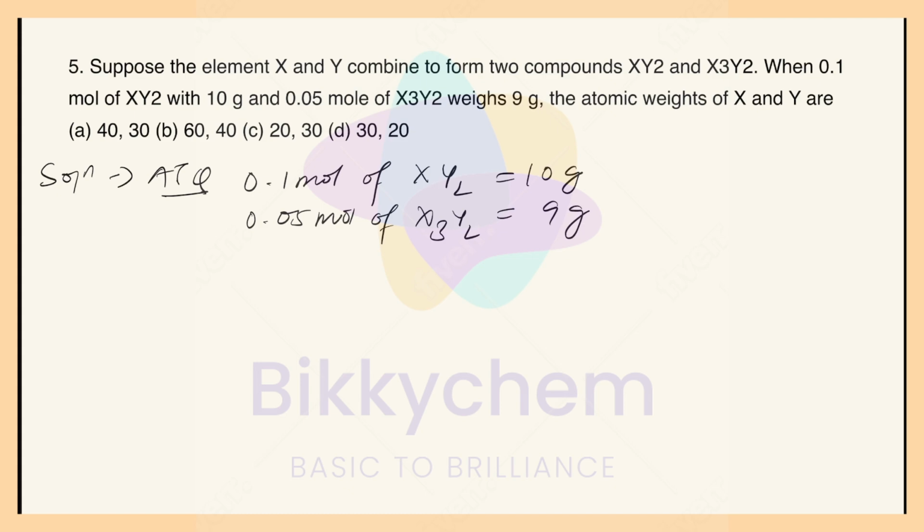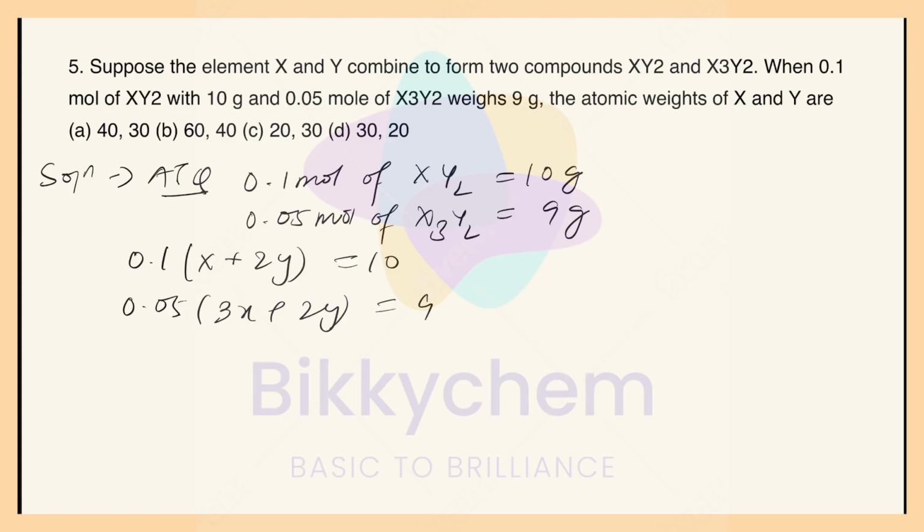So which means 0.1 times (X plus 2Y) equals 10 and 0.05 times (3X plus 2Y) equals 9.